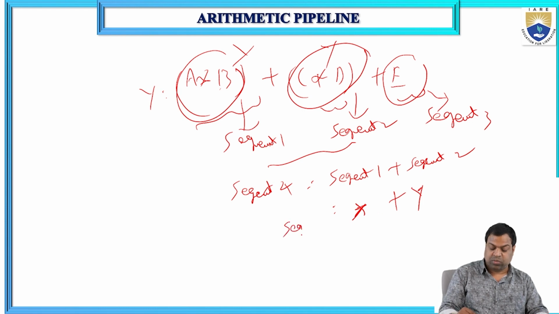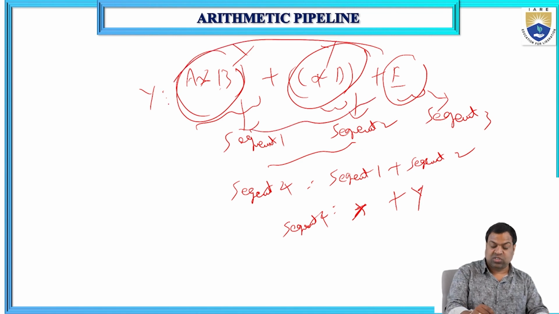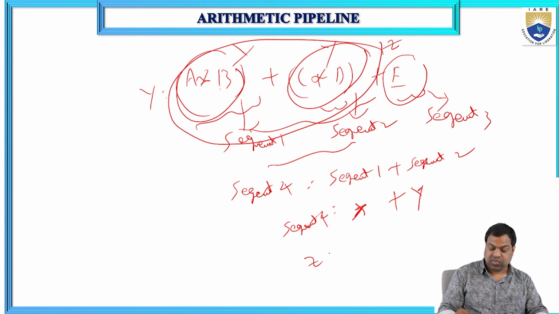That is segment 4. Segment 4 is completed, X plus Y, I got this value. So z equal to x plus y.